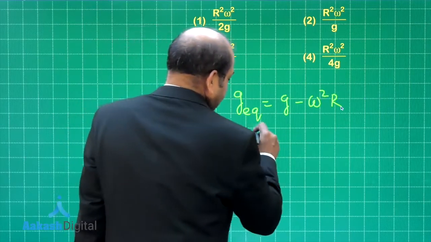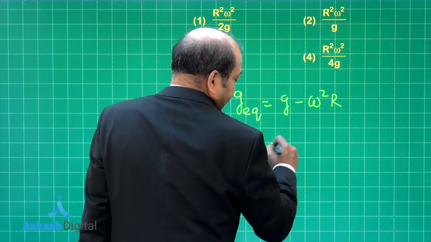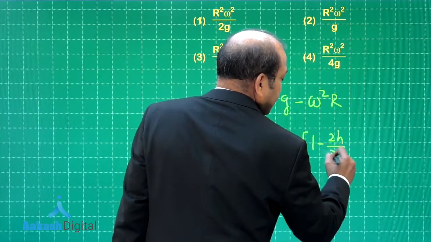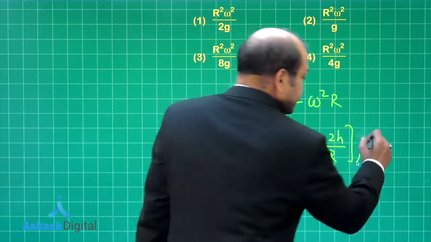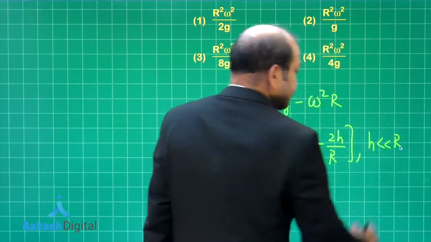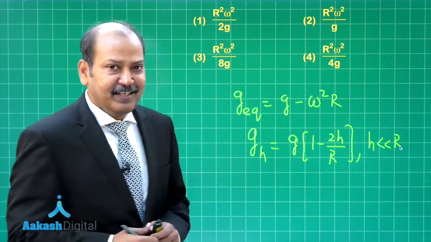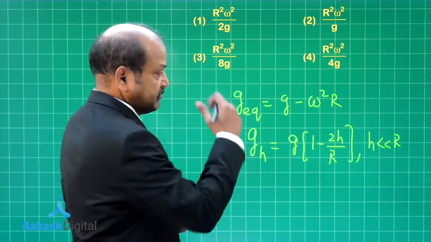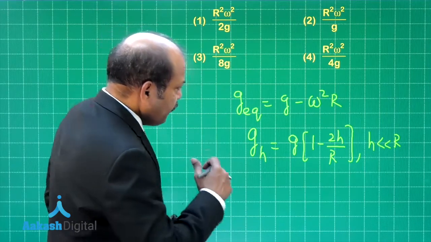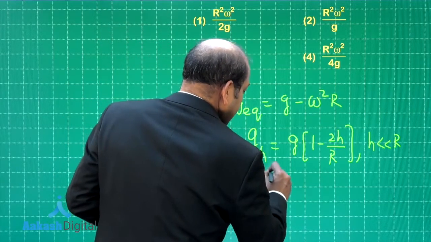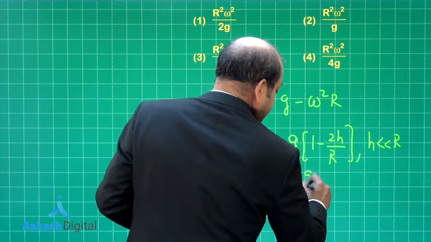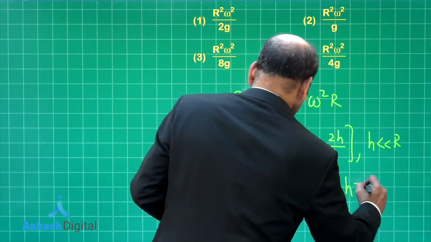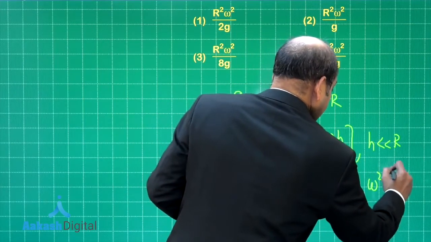The expression for acceleration due to gravity at height h can be given as g into 1 minus 2h divided by R, subject to the condition that h is very small compared to the radius, which is given in the question. Equating the two values of g, that is the condition of the problem, we get omega squared R is equal to 2gh divided by R, and this gives us the value of h as omega squared into R squared divided by 2g.